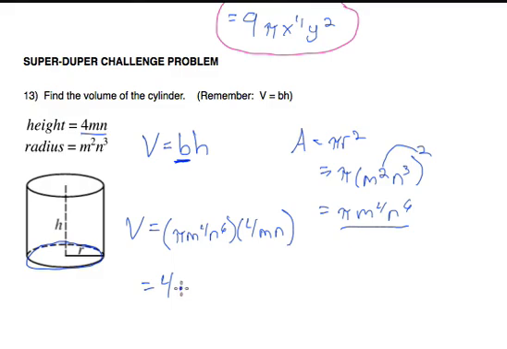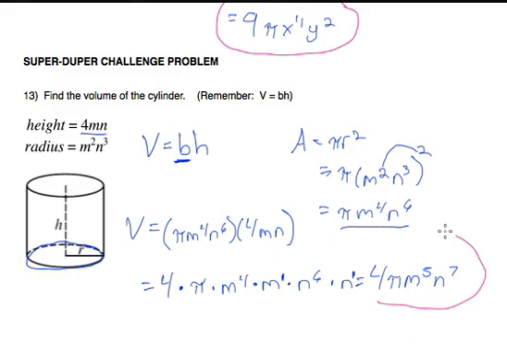The 4 comes first, times pi, times m to the 4th, and we're going to pair that with a like term, or a like base, m, and then n to the 6th, times n, and all of this simplifies to 4 times pi, times m to the 4th times m. Remember, if we just have an m, there's a little 1 there. That's m to the 5th. And then n to the 6th times n, little 1 there, n to the 7th. Ta-da! And that's our volume. 4 pi m to the 5th n to the 7th.